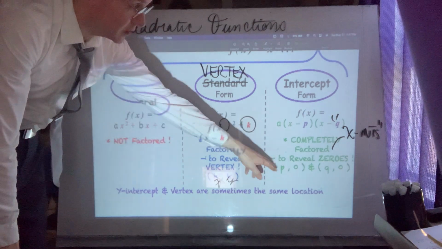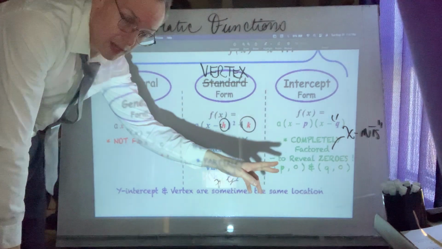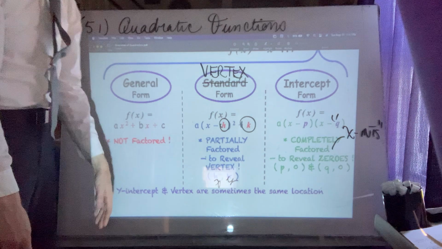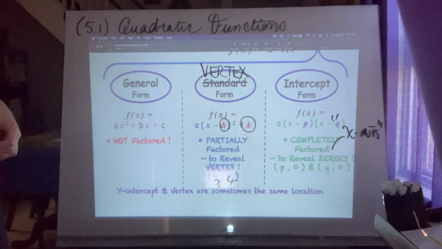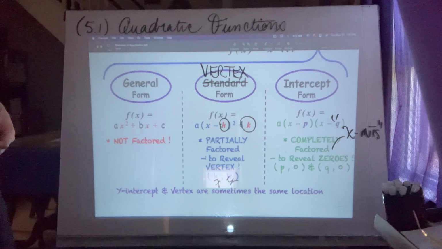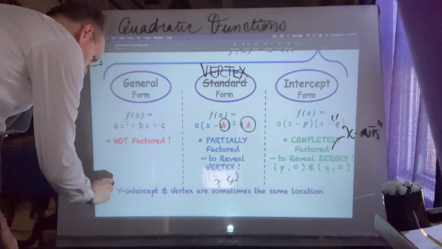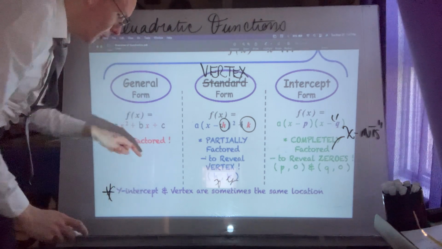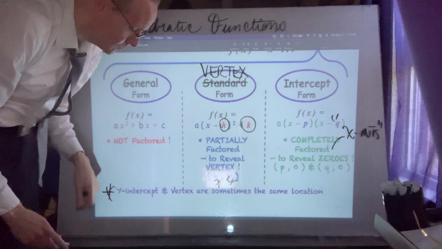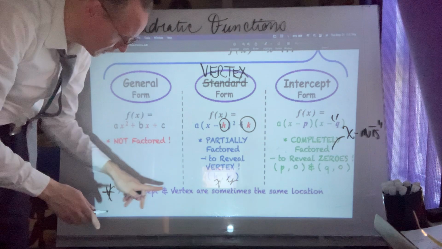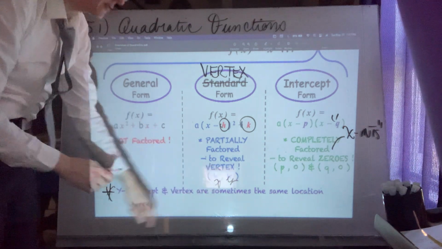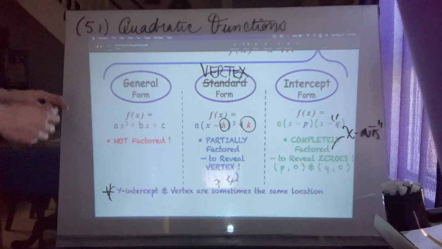And that would indicate whether you have a real x value or an imaginary x value. If you don't have real values, you don't have x-intercepts. Now, this is the last tidbit here. The y-intercept, which you could get by inserting 0 for x, just as always, and the vertex are sometimes the same location, but not always.